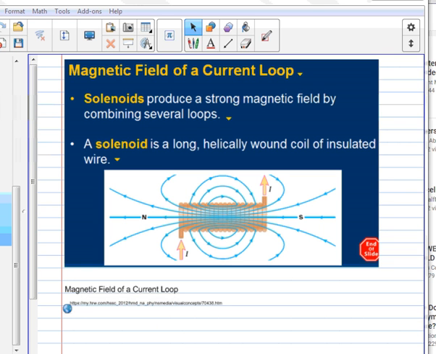So when I have a solenoid, I just have wire going around in a bunch of loops. And that is an electromagnet. Here I have wire going around in a bunch of loops. When I have this setting here, notice there's no effect.